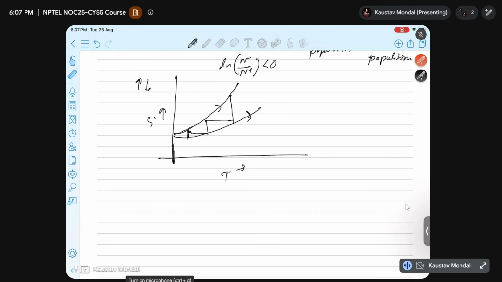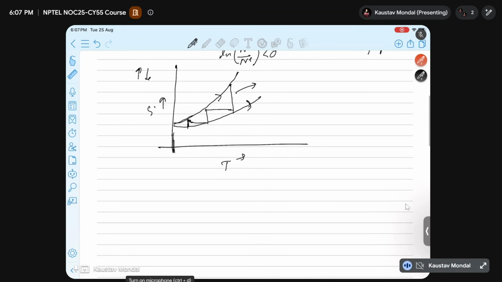By doing this a very large number of times, this process from A to B is known as isothermal magnetization, and this process is known as adiabatic demagnetization.